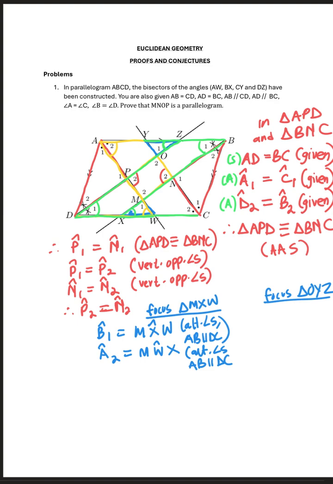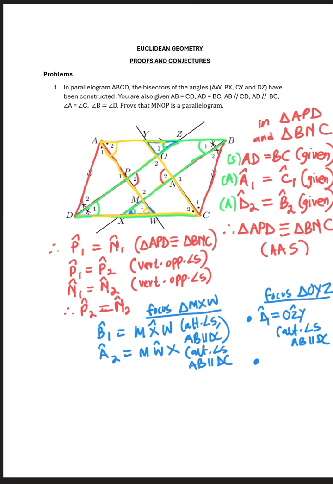So then we can say angle D1 is equal to angle OZY. Reason: alternate angles because AB is parallel to DC. Then the second bullet point, we will identify another one. This is another Z that I see.